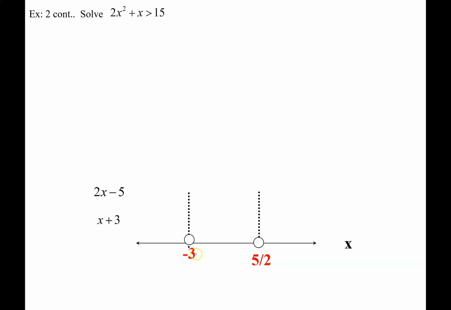So again, I'm looking at that -3. I'm looking for values that are going to be less than -3. It could be absolutely anything as long as it's less than -3. So for this one, we're going to go with -4 again, just because. I know, I'm using it again.